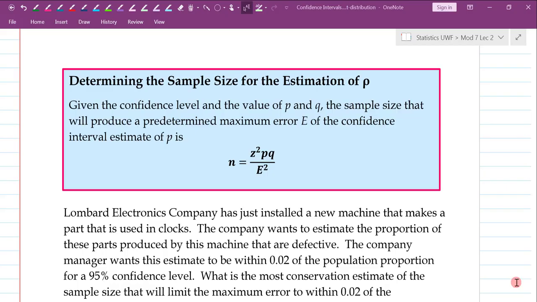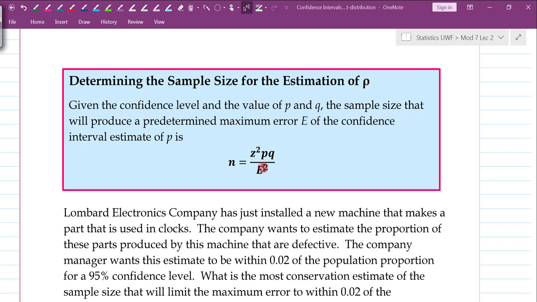Okay, so the last thing we need to do is be able to determine the sample size when we're estimating our population proportion, okay? So if we're given a confidence level and the value of P and Q, the sample size that will produce a predetermined maximum error, E, of the confidence interval estimate of our proportion is equal to N equals Z squared PQ divided by E squared.